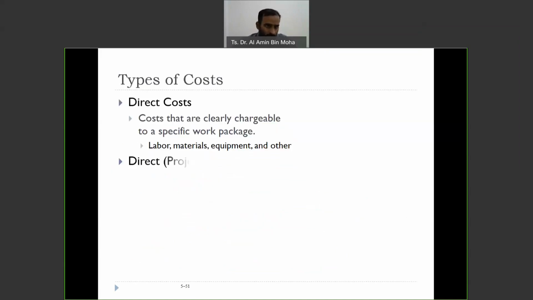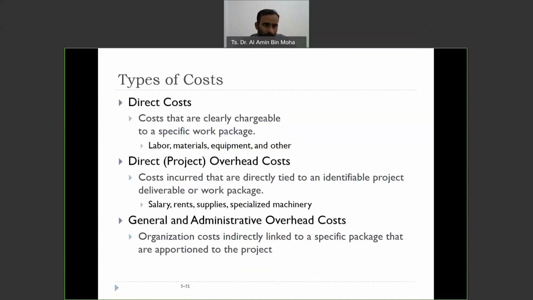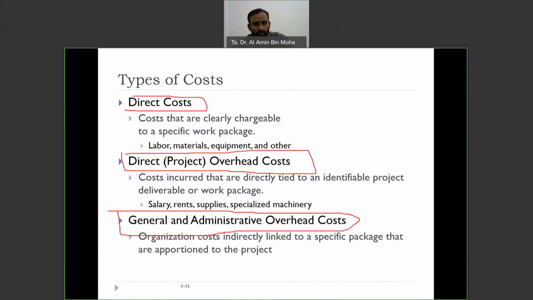So now you're going to see the types of costs. I don't know if you're familiar with this or not. When we are dealing with costing, basically we have direct cost, direct project overhead cost, and GA, which is general and administrative cost, and actually we have more. If we really want to take everything into consideration, we have indirect costs and other things, but just go through based on this example or given explanation. Direct cost is cost that is clearly chargeable to a specific work package.